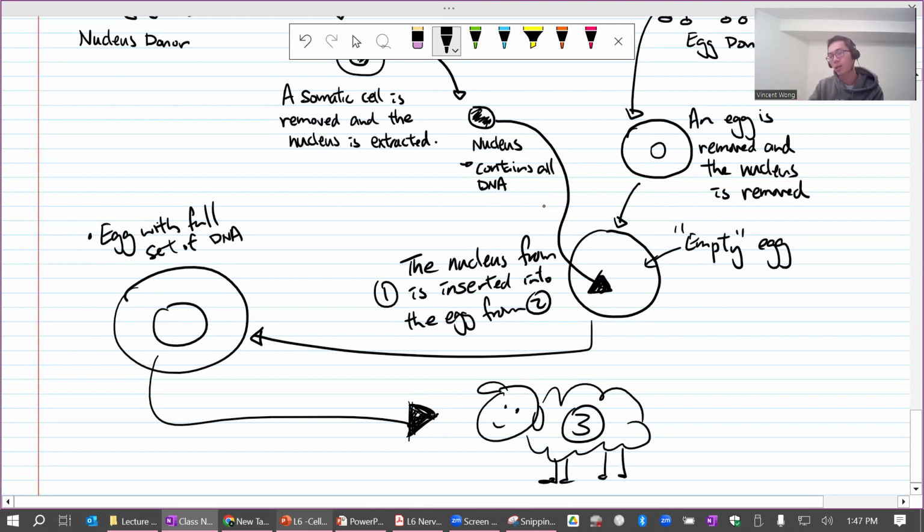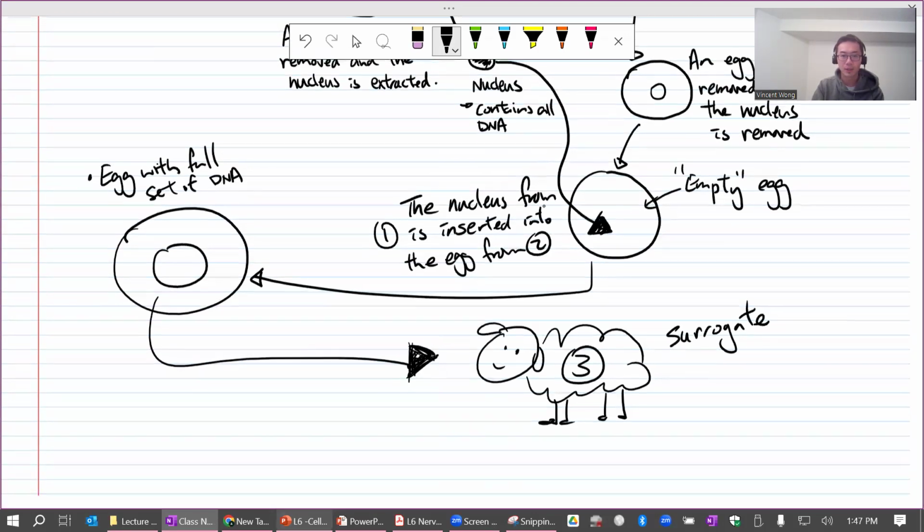But what do we call people? I mean, humans do this. Like if a person cannot have a baby, they sometimes would have someone carry their baby for them, right? Do you know what we call that? Surrogate. That's right. So this is a surrogate sheep.